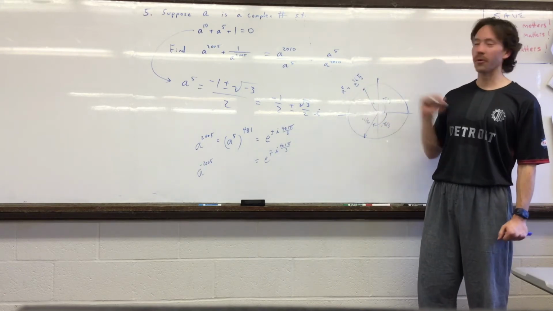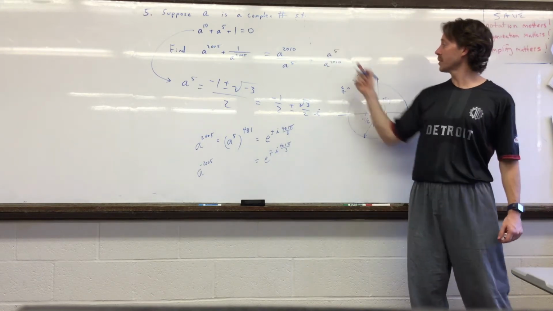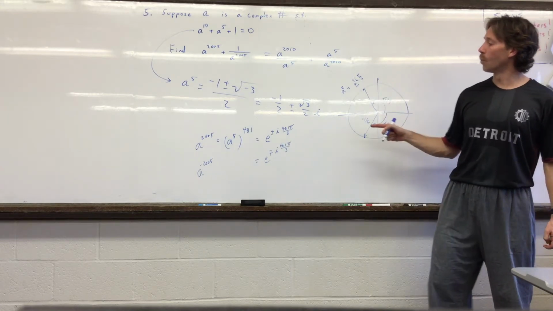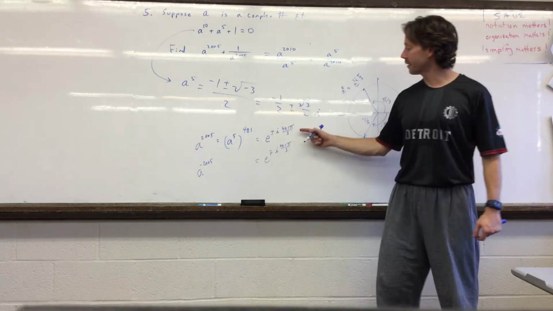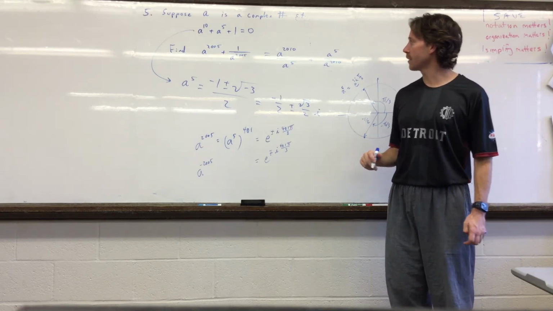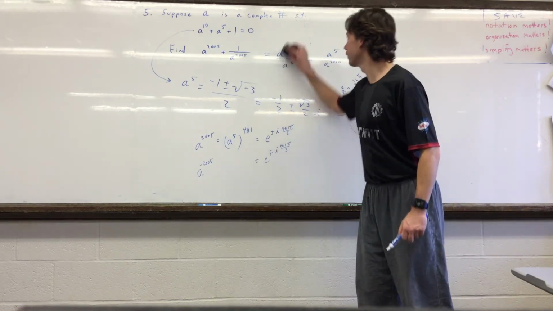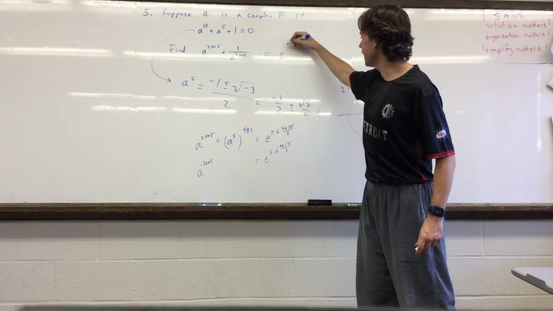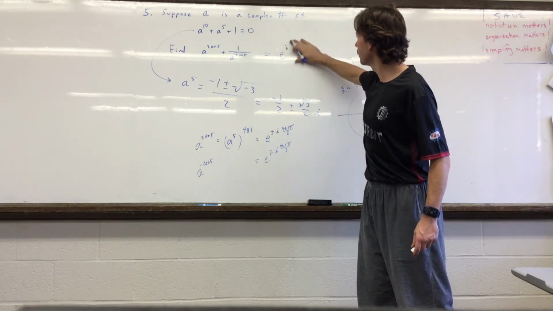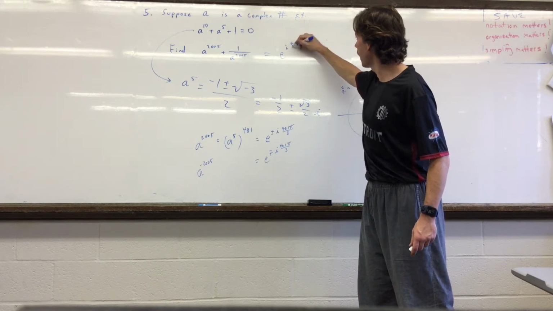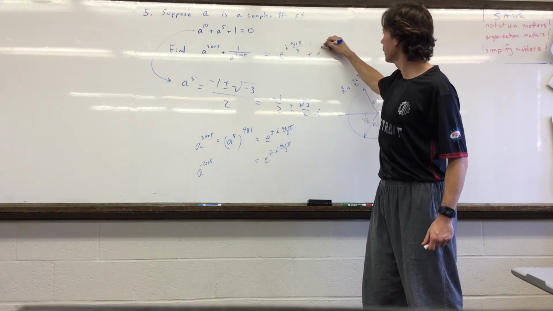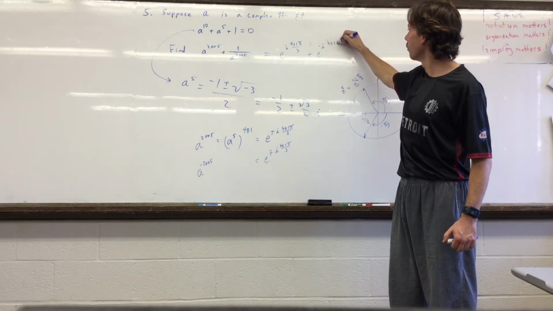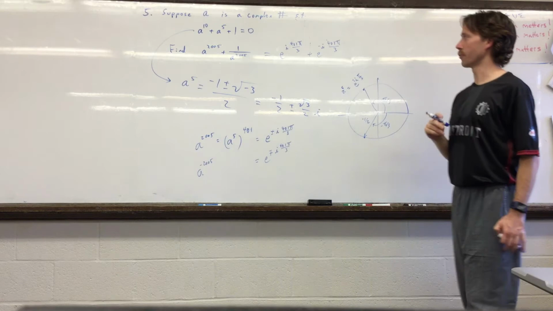So even though we don't know the value of a to the 5 from this equation, there are two possibilities for a to the 5th power. But for either one of those, when I add these two together, I'll get the same value. So my answer should be e to the i times 401 pi over 3 plus e to the i times negative 401 pi over 3.